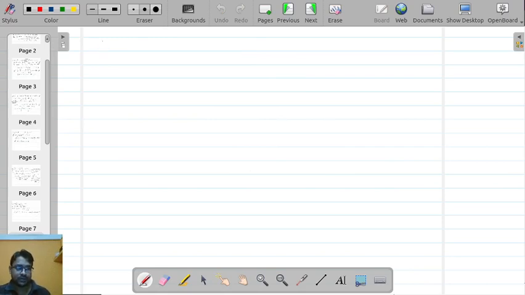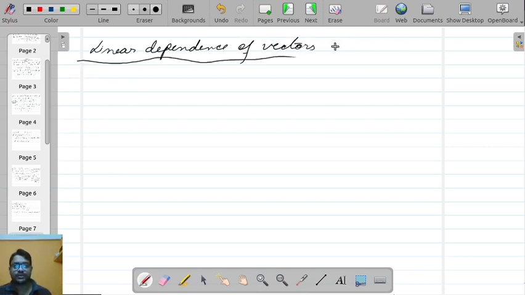So first let us define linear dependence of vectors, vectors in E to the power n.